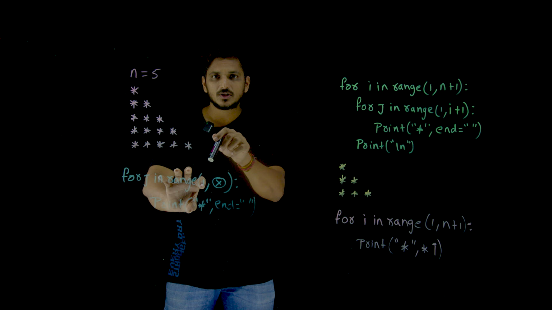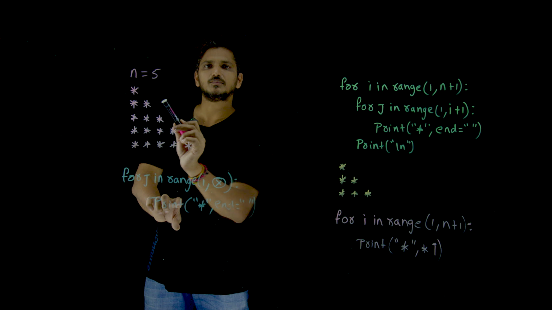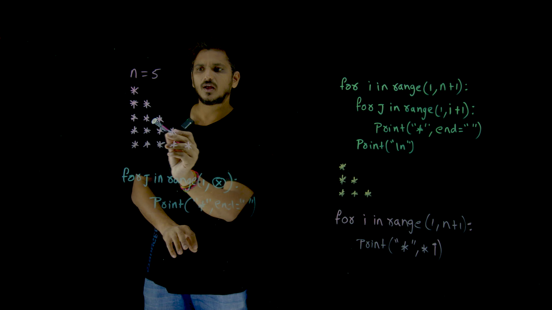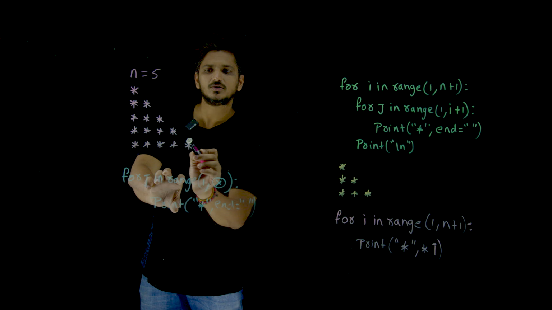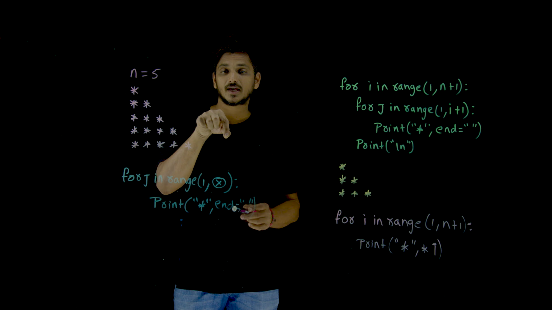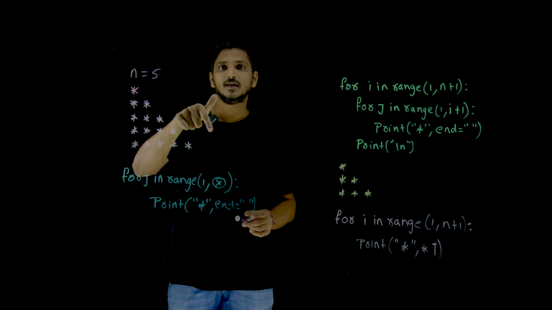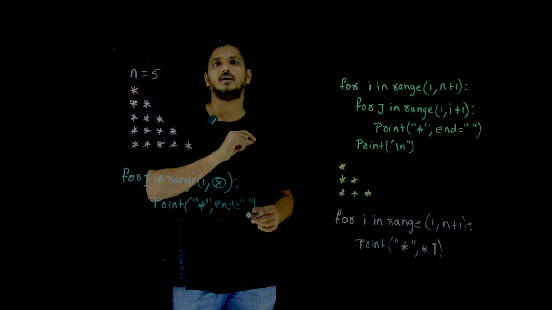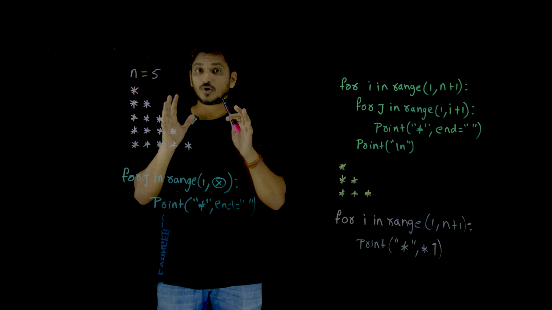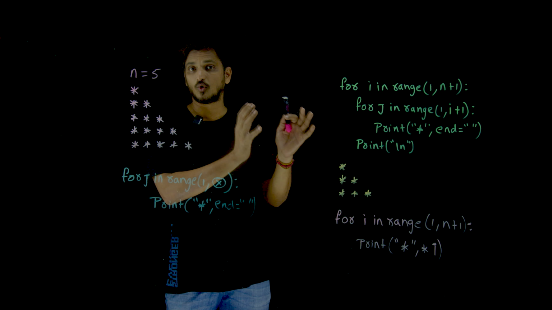The second time you execute this code, this loop has to execute 2 times. The third time, this loop has to execute 3 times. This means this value is dynamic. How are we going to control that? That is the point you need to get clarity on in the coding. Hope you got a good intuition about how to write the code. Now we move on to the coding part.